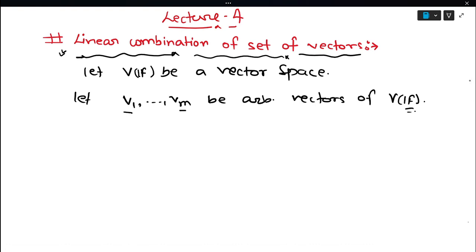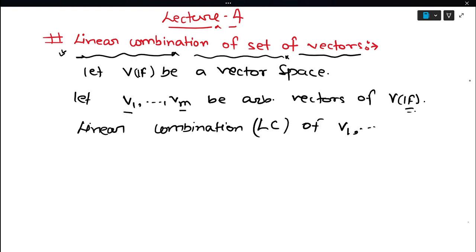So linear combination, LC, we call it LC in short form, linear combination of v1 to vm is alpha 1 v1 plus alpha 2 v2 plus ... plus alpha m vm.